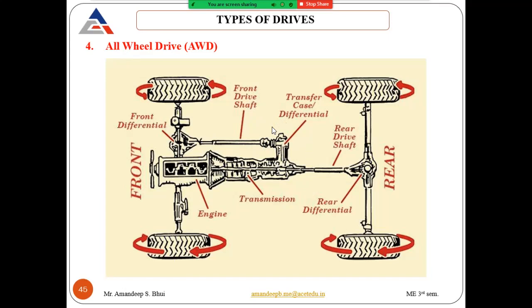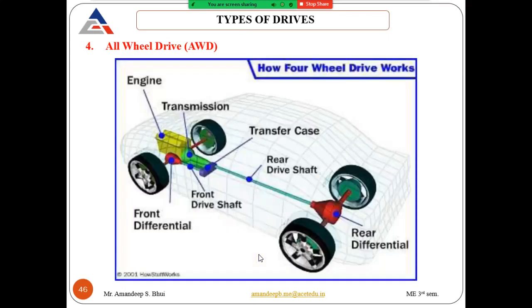Plus we have a transfer case or a transfer differential that is used to transfer the power to the front axle. So this is the arrangement or the configuration for all wheel drive. In this case, the power is transmitted to all the four wheels of the vehicle.